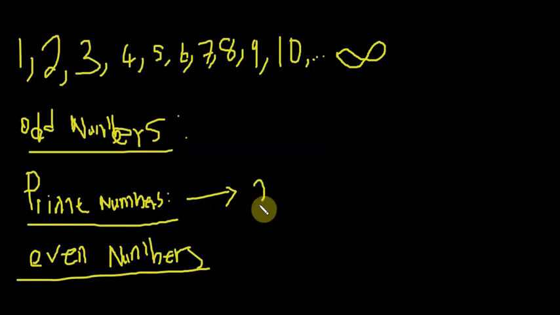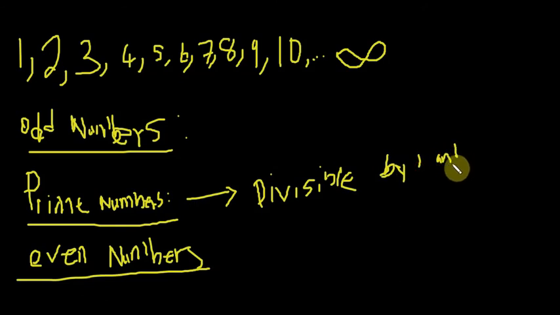So these are numbers that are divisible by 1 and itself.